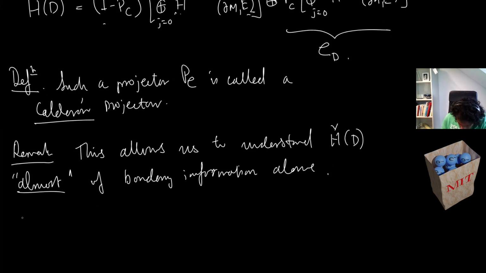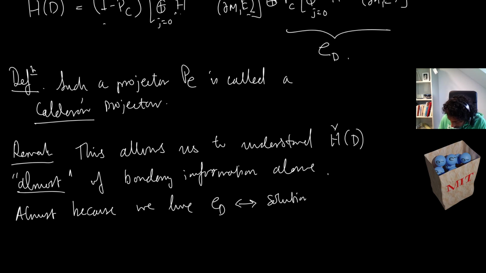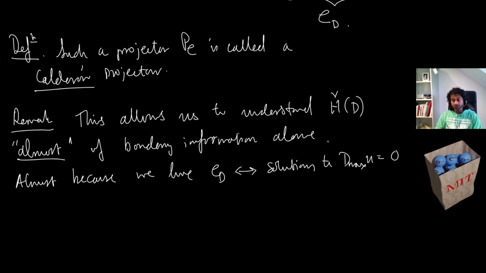I say almost because we have C of D, which are solutions to D max u equals 0, so somehow this still sees the maximal operator. So we can further divorce this, but it's a non-trivial task.